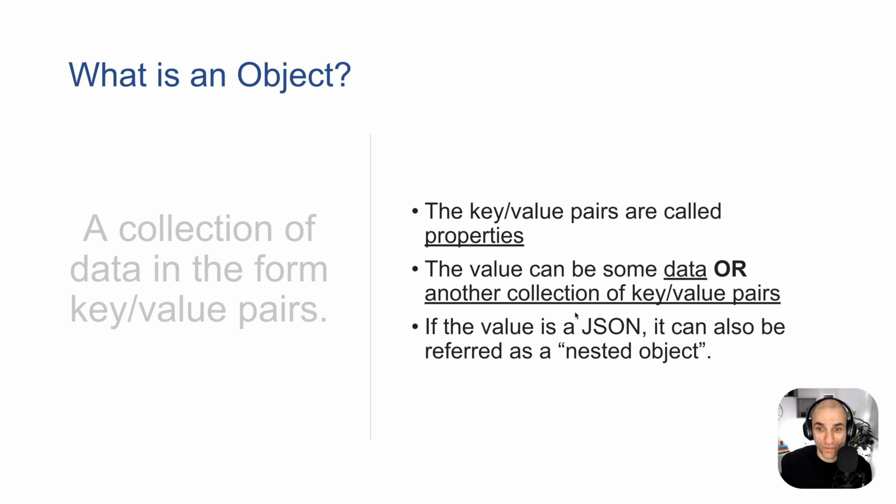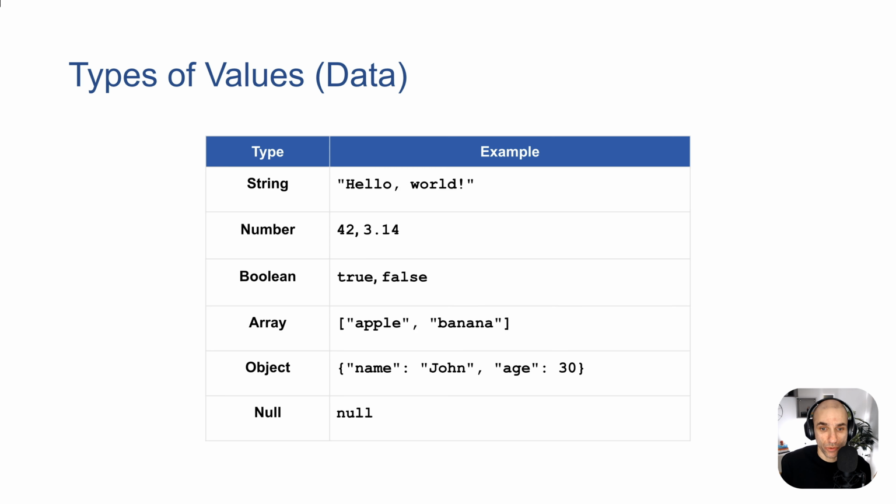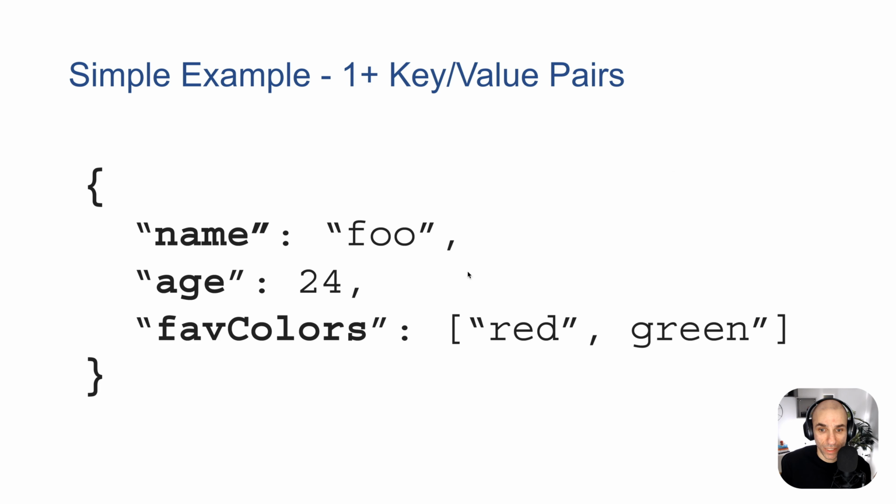By virtue of this, what we are saying here is that data can be another collection of key value pairs, meaning that data can be another JSON. So in this example, this could have been a JSON, and that allows us to create some really complicated data structures that can be sent across the web with just this simple definition of a key value pair.